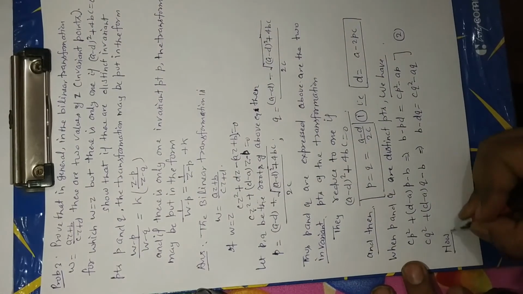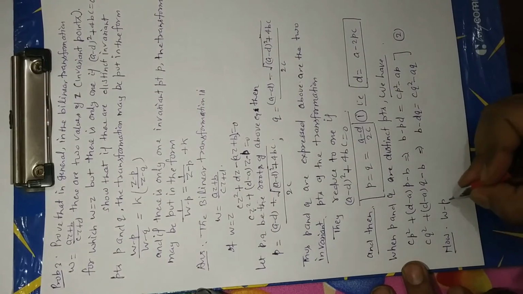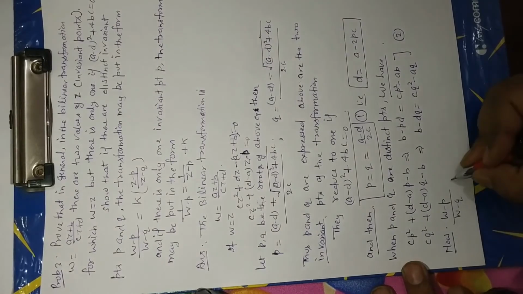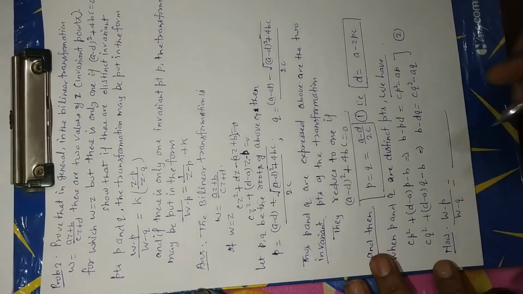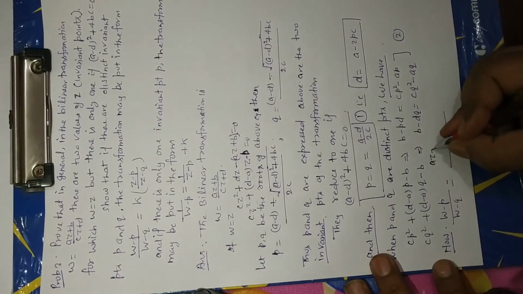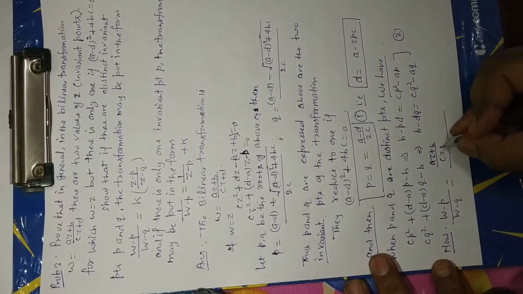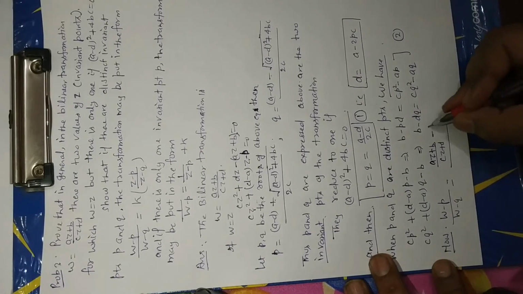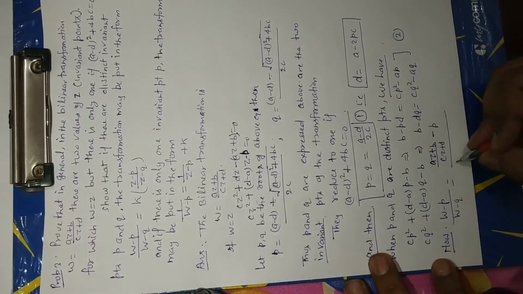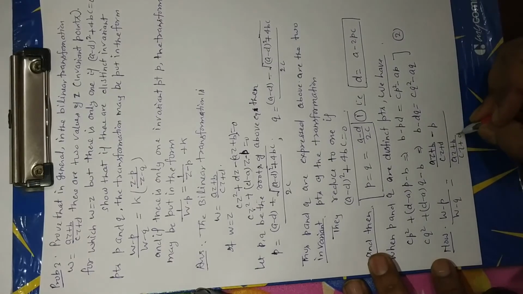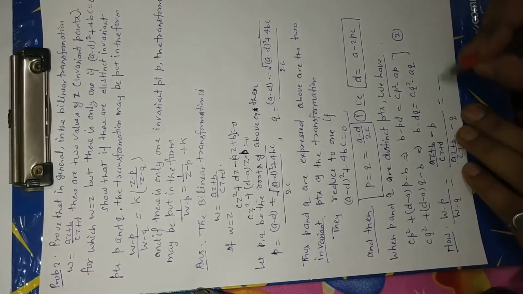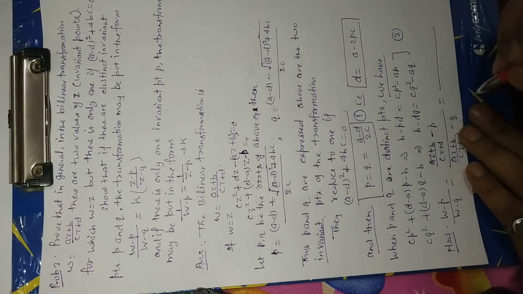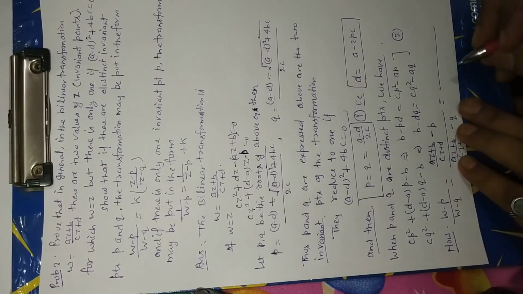Now W minus P upon W minus Q. Now putting the value of W here, (AZ plus B upon CZ plus D) minus P, similarly here, (AZ plus B upon CZ plus D) minus Q. Now taking LCM, the LCM cancels.